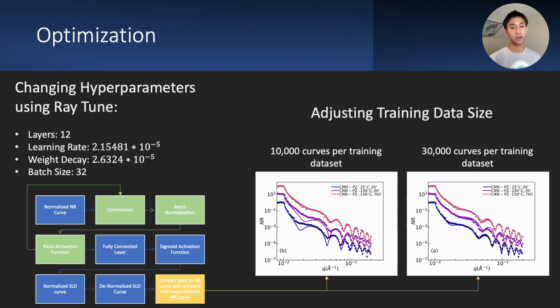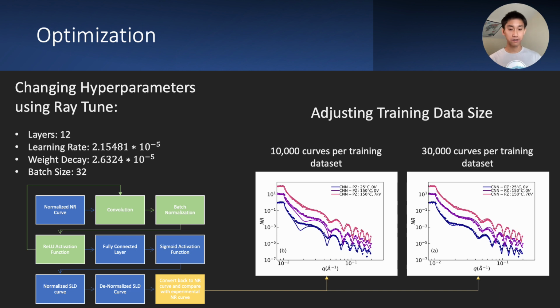The structure of our convolutional neural network was that it would take the neutron reflectivity curve input, and then this would be convoluted, batch normalized, and ReLU'd 12 times, hence the 12 layers. Then that would be input into a fully connected neural network and then a sigmoid activation function.